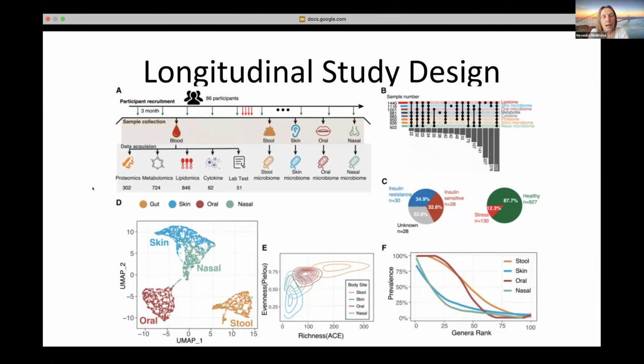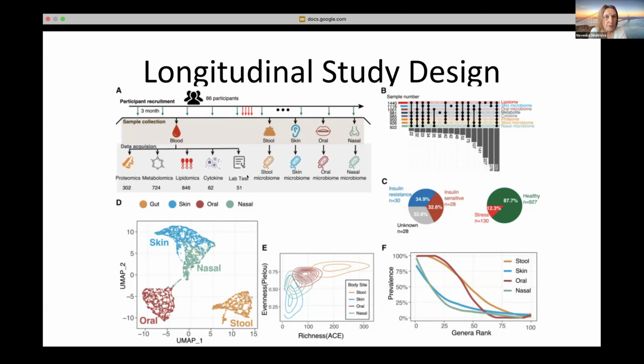Untargeted means you will get any type of proteins, but you're not specifically targeting specific proteins, as opposed to cytokines, where there are 62 cytokines, and we know exactly in that Luminex assay that we are getting those 62 cytokines. And also there are lab tests, for example, C-reactive protein, which indicates some kind of an infection in the body, and many others.